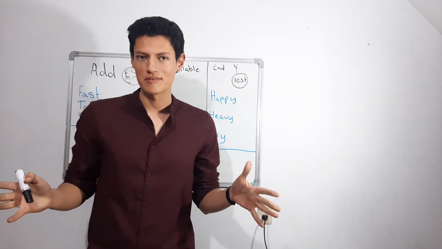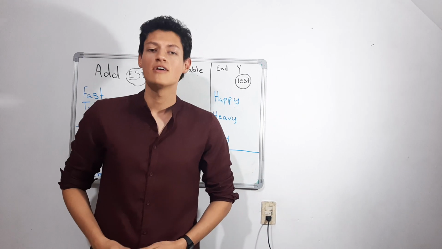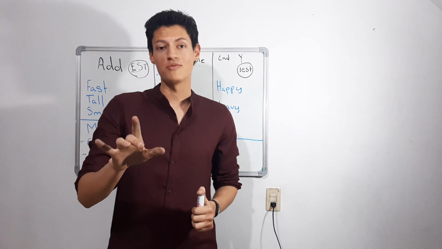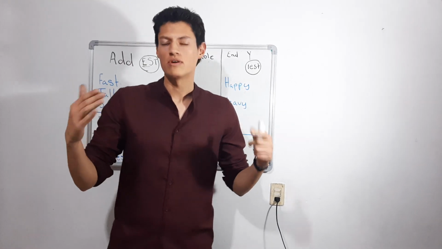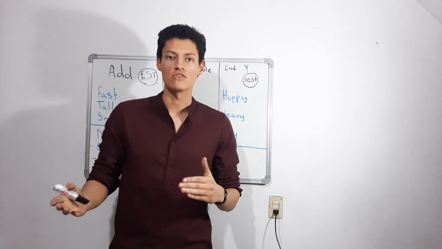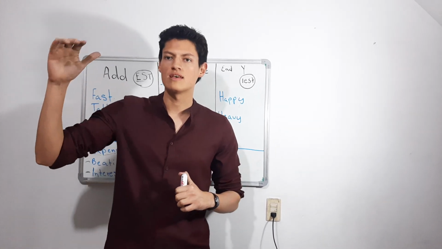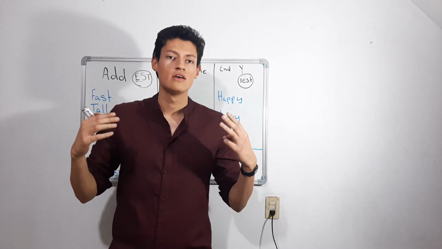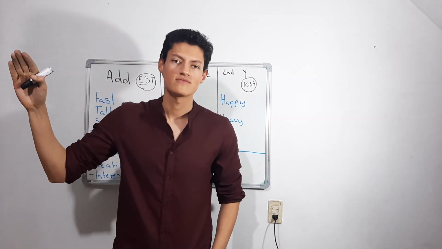It's basically the same thing as comparative, but with one small difference. Let's remember that superlative is when we compare more than two things, or when something is the best. For example, we have three buildings.